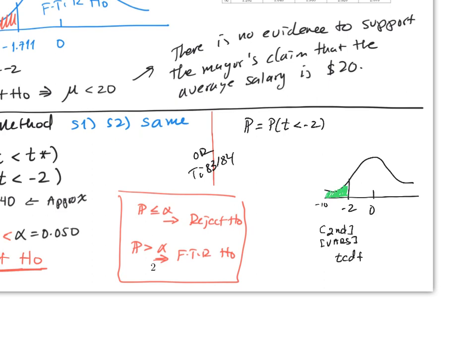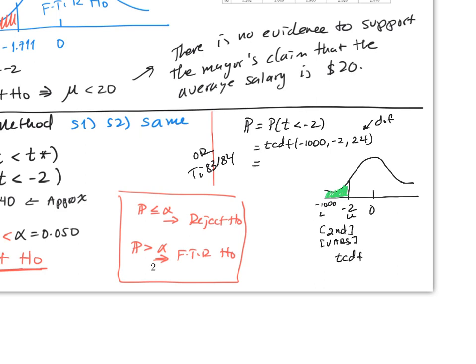So in this case, remember the lower bound is -1000. So this is the lower bound. This will be the upper bound. So this will be TCDF. Lower bound is -1000. Upper bound is -2. And then you need to write the degrees of freedom. This is something you didn't have to use before, but now you do.